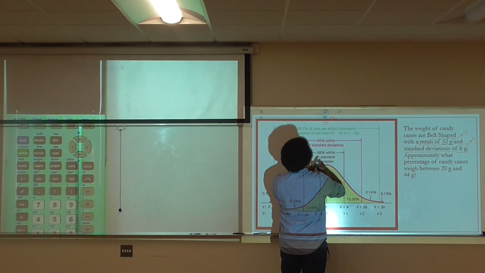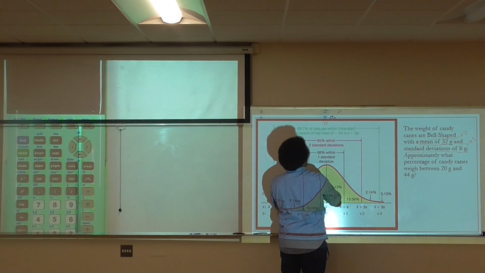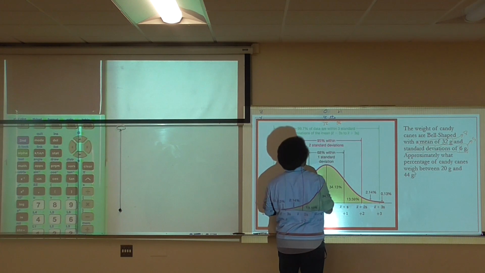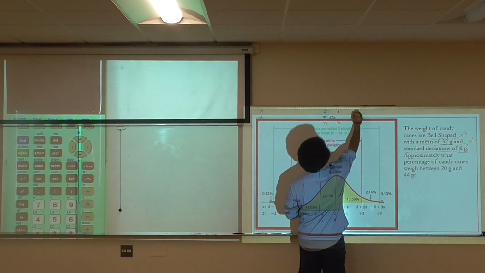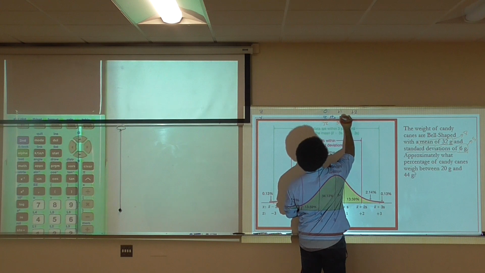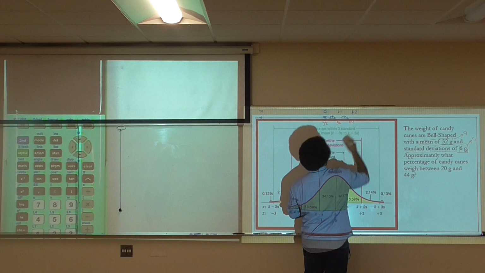I should do that in blue. Plus 6 gives us 38, at the first standard deviation away to the right. For the second standard deviation from the mean, I'm simply adding another 6, which in this case should give me 44.